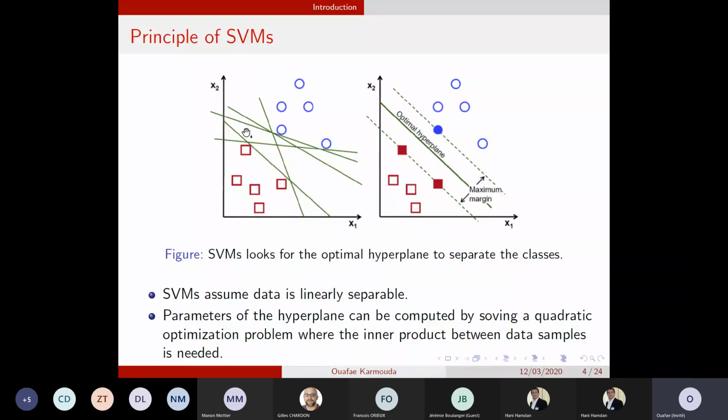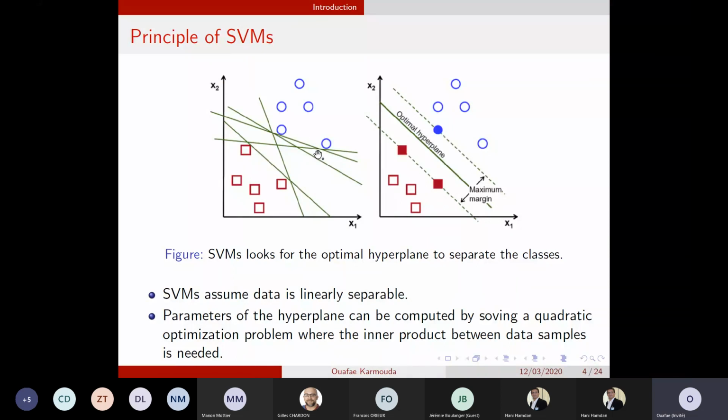So actually there exists an infinite number of lines that can separate these two classes, but we wish to find the optimal hyperplane that will be efficient in predicting the labels of the new data and making good and accurate classification predictions.